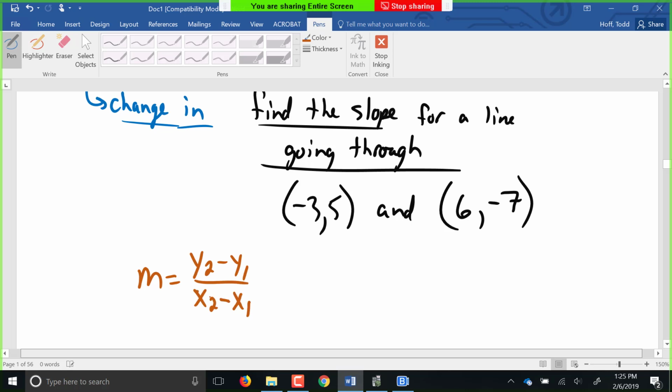Our formula here: slope is equal to y2 minus y1 over x2 minus x1.